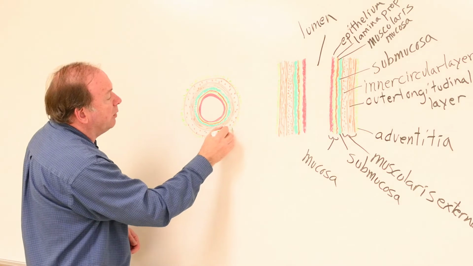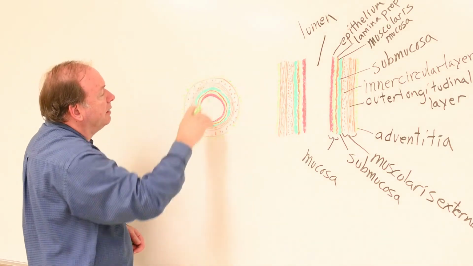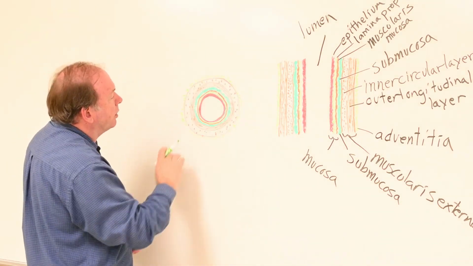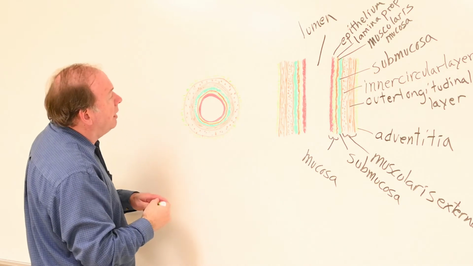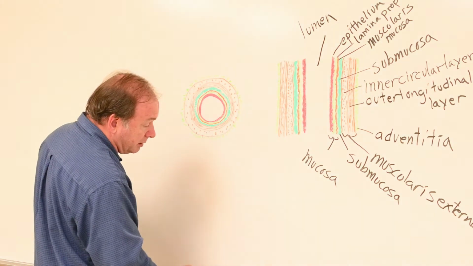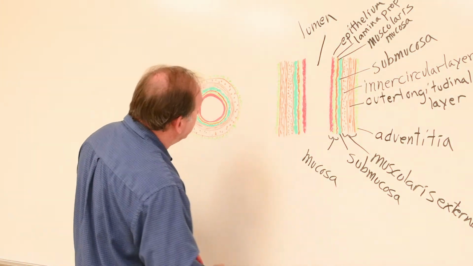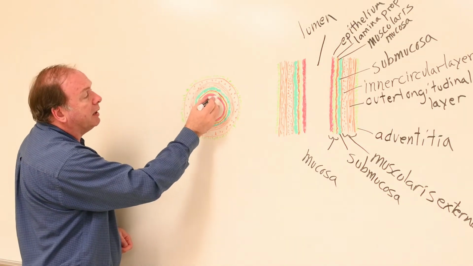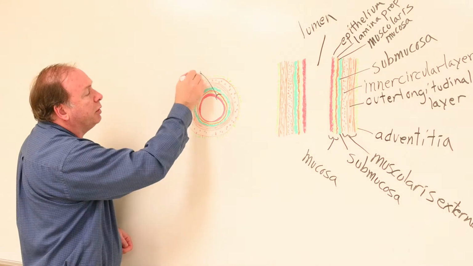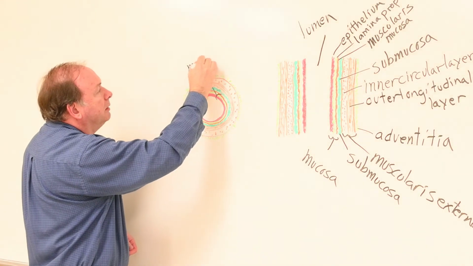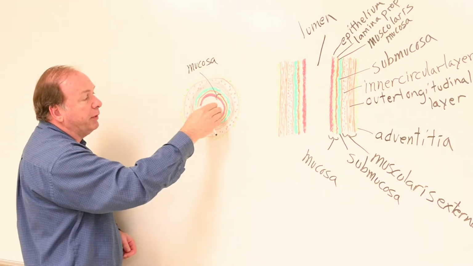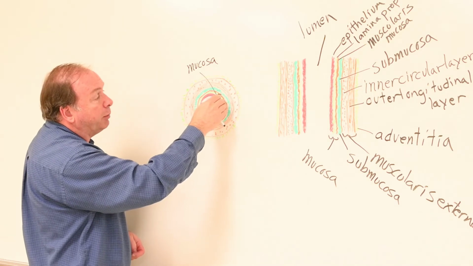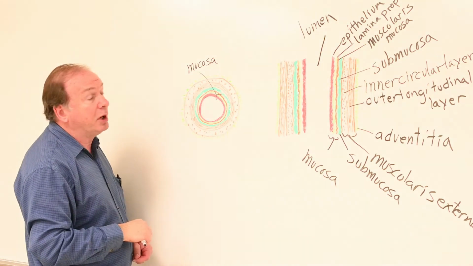Notably, the trachea would be along one side over here, and other structures and organs around other parts of that esophagus. So, in the middle we have the lumen. We have three layers to the mucosa. The three layers were the epithelium, the lamina propria, and muscularis mucosa.